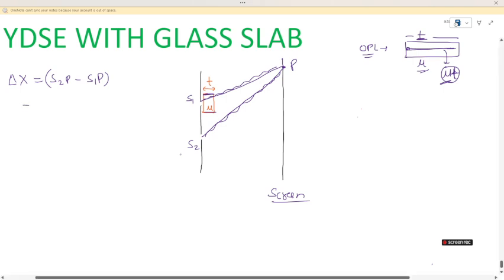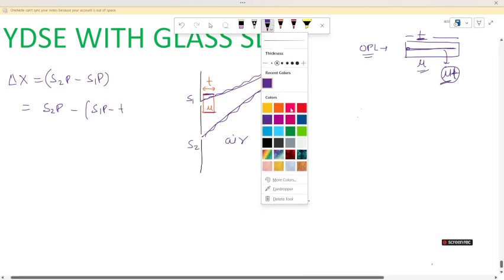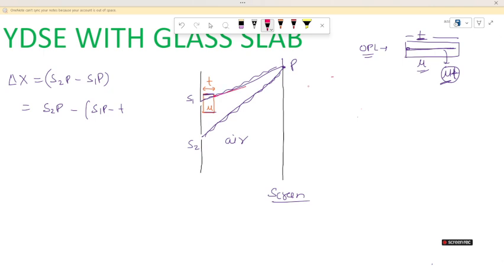So I will write S2P because it is completely in air. And when I write S1P, first of all I write S1P minus t, this length, plus this one. So this is S1P minus t, and we have added plus mu t.